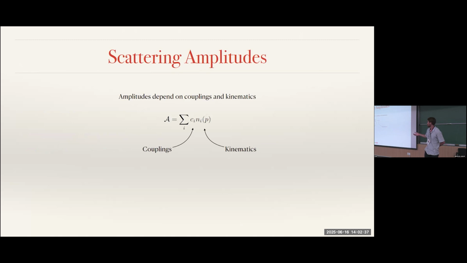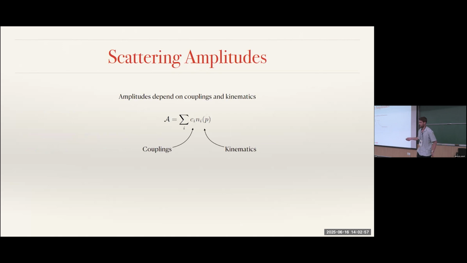Ruth Britto gave a very nice talk this morning, reminding us of the motivation of this community, to study simplicity in the amplitudes and find structure. And there's a lot of progress that's been made in the study of precisely these properties of this part of the amplitude in the kinematics.